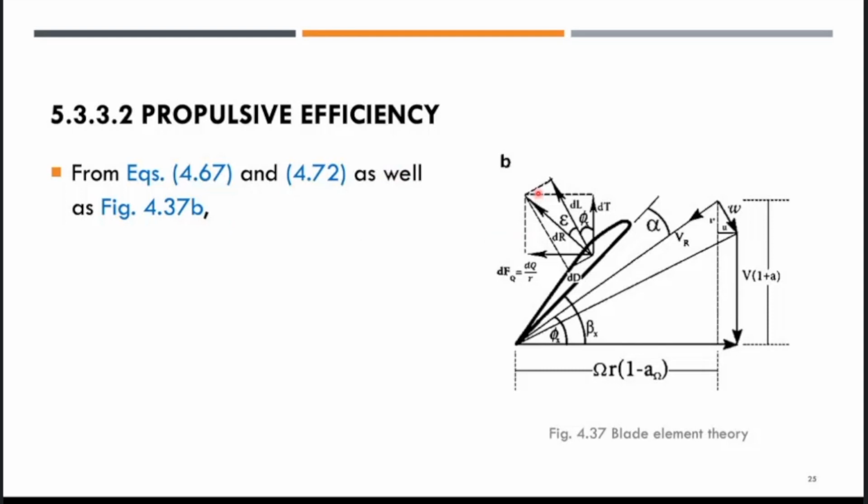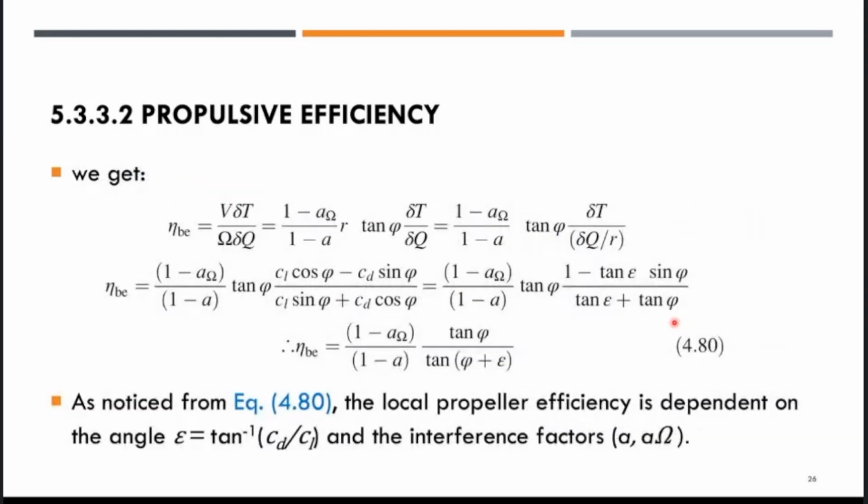So looking back at figure 4.37B, the blade element theory, from equations 467 as well as 472, as well as this particular figure, we get the expression rearranged. The expression for blade element efficiency, zeta BE, we can rearrange all the equations to be simplified to equation 480.